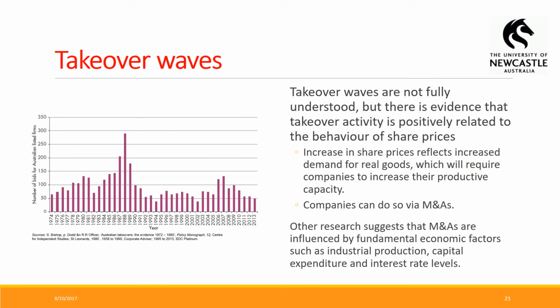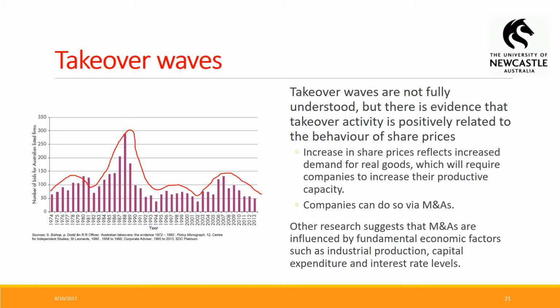We then look at an issue in M&A transactions where we observe that over the past, M&A activities tend to follow some sort of cycles, right? The reason why we see those waves or cycles is not fully understood yet, but what we do know is that they tend to follow share prices, right?